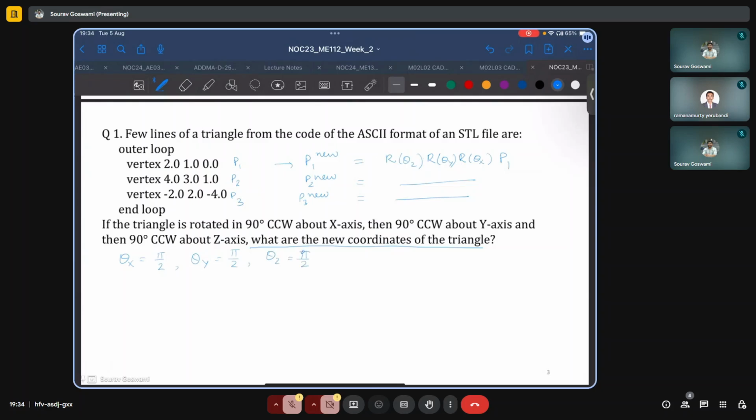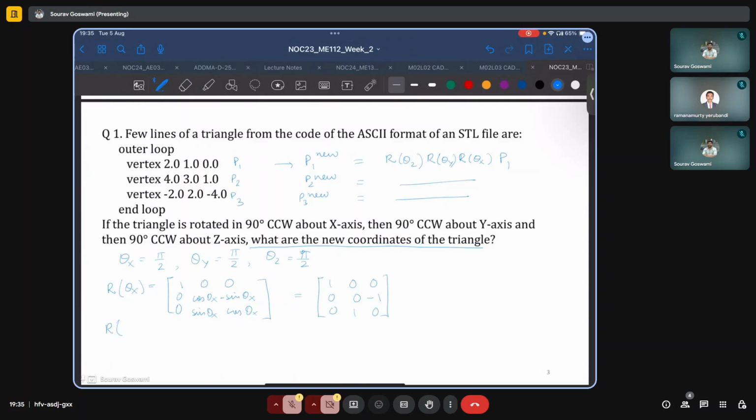and so the rotation matrices will look something like this. The general formula is 1 0 0, 0 cos theta x, minus sin theta x, 0 sin theta x, cos theta x, but theta x is equal to pi by 2, so this will turn out to be 1 0 0, 0 0 minus 1, and 0 1 0.